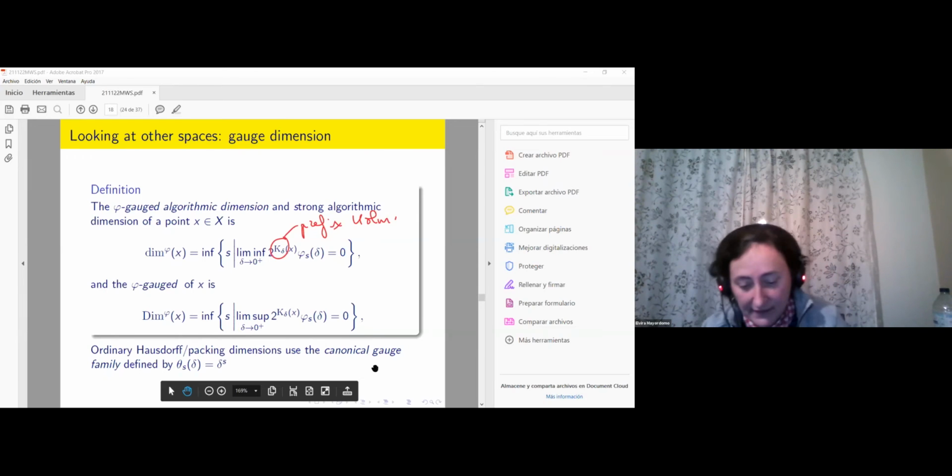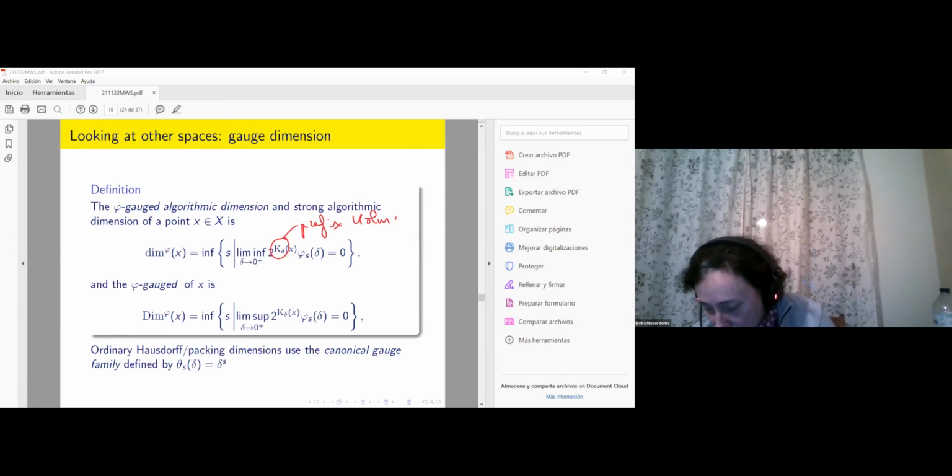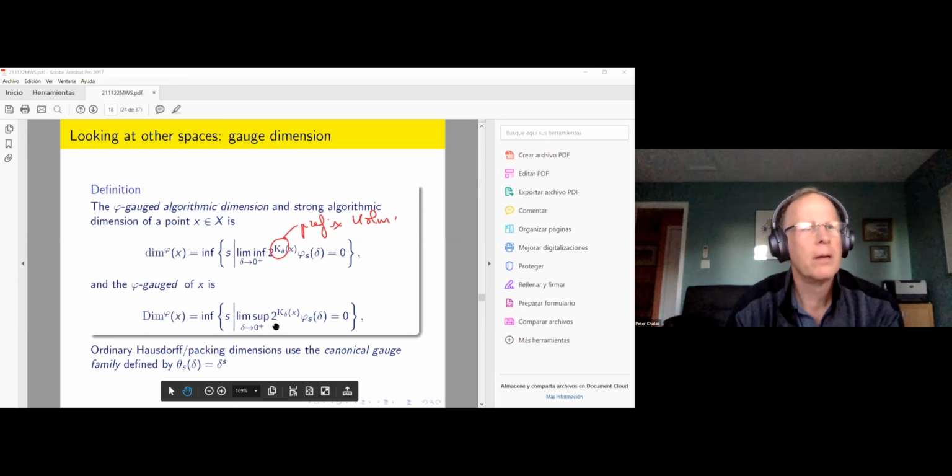In my screen I see it full, but in Zoom it isn't. Maybe one of those buttons down there.